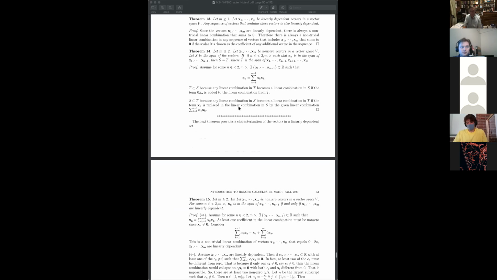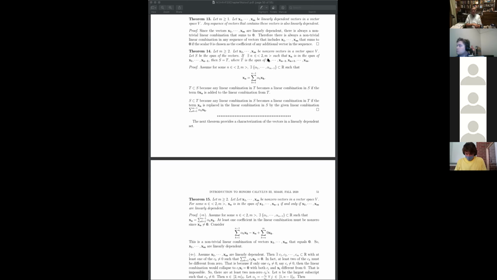14. Suppose I take 20 vectors, take the span. If something between 2 and 20 is such that it is in the span of the preceding ones, so suppose the 9th one is in the span of the first 8, then the span of everything except the 9th one is the same as the span of the 20.